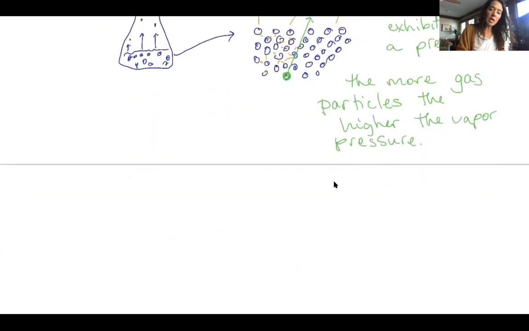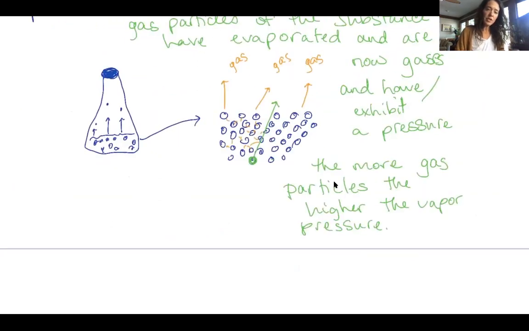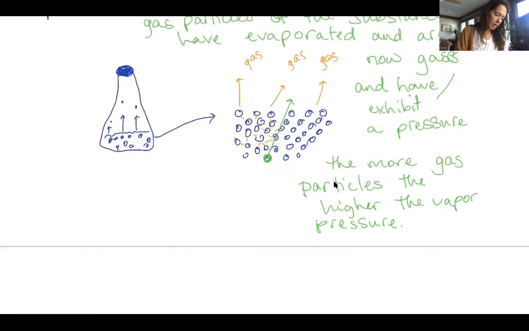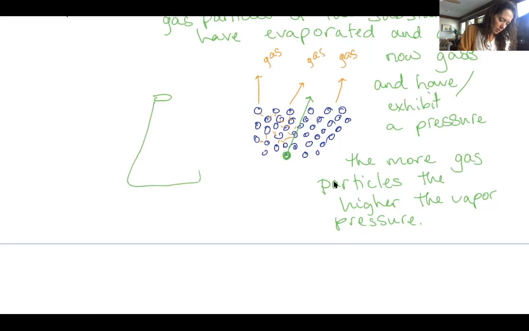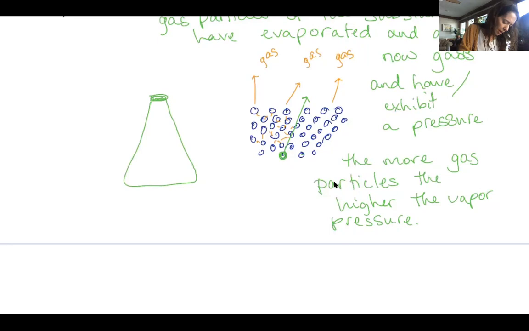So let's once again envision our flask, which is closed. We have another flask, which is closed. This one has a liquid which has weak IMFs.